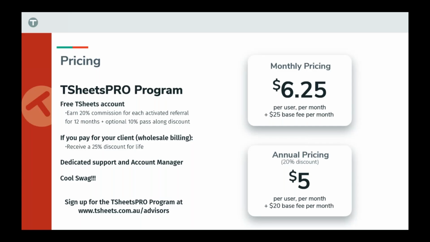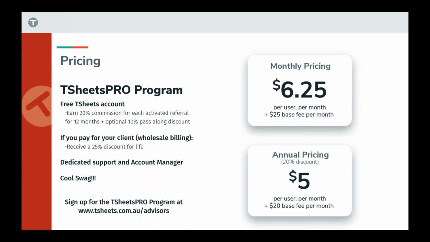And then a little bit about the TSheetsPRO program. So this would be for you as accountants and bookkeepers. So we offer our TSheetsPROs a free TSheets account for life. And you have a couple of options here on when you refer clients.